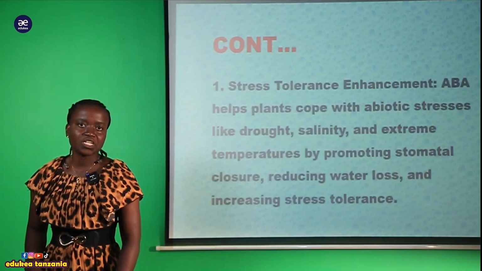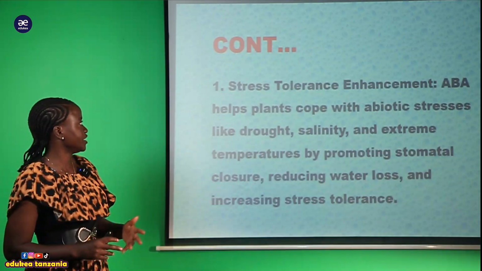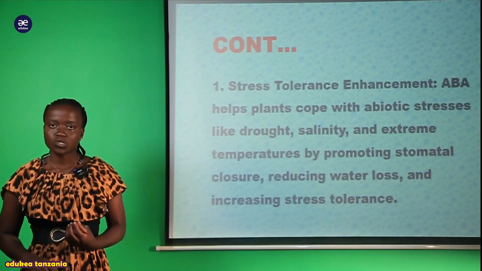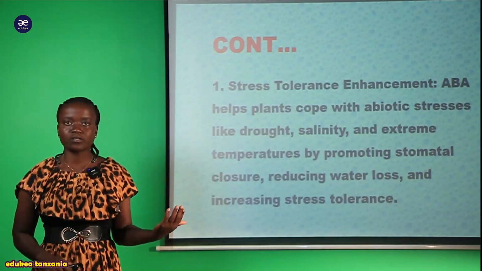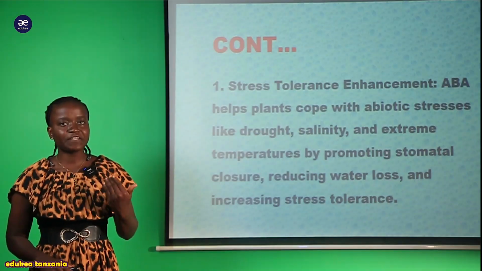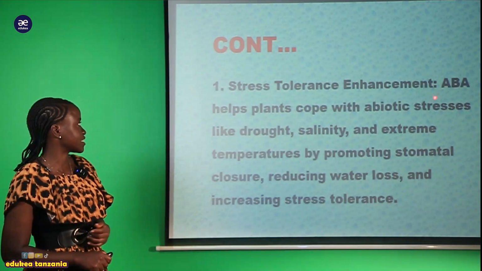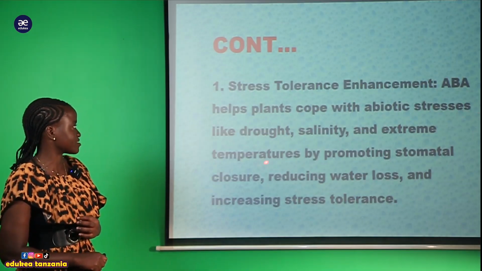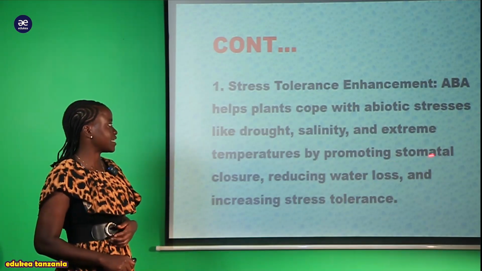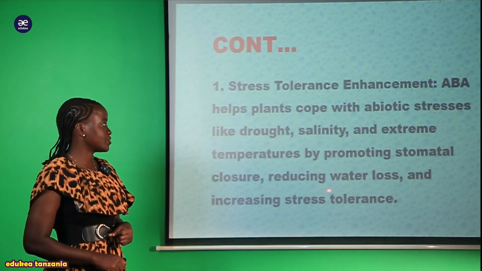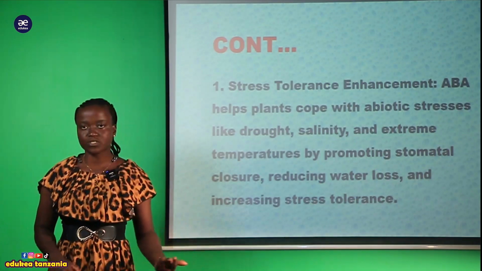And another function here, we have got a lot. And here we can say that it is stress tolerance enhancement. So apart from the fruit and so on, this hormone also helps the plant to avoid different kinds of stress. That is, we can say that ABA or abscisic acid helps the plant to cope with abiotic stresses like drought, salinity, and extreme temperature by promoting stomata closure, reducing water loss, and increasing stress tolerance.